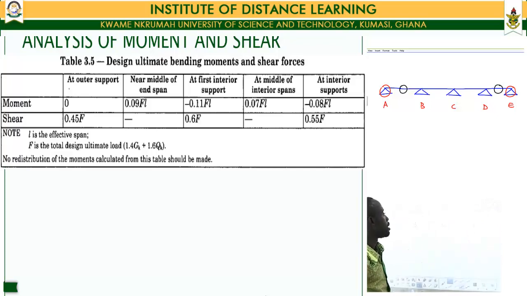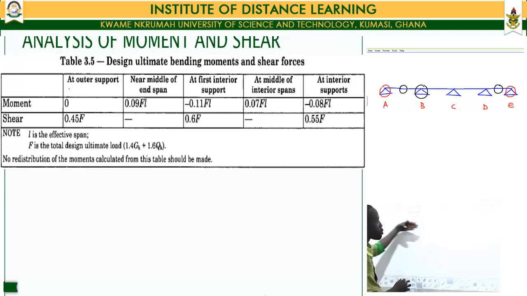Now, the next column talks about our first interior support. The first interior support is the first support that we encounter once we move inwards from our outer support. So starting from A, if I move inwards, the first support that I encounter is my support at B. So that becomes my first interior support.